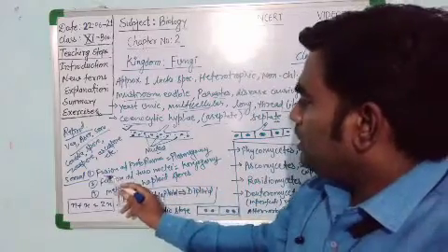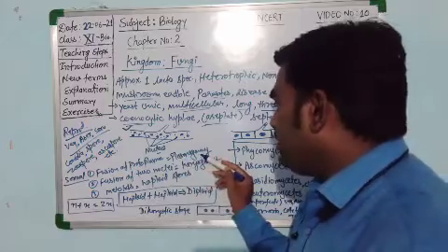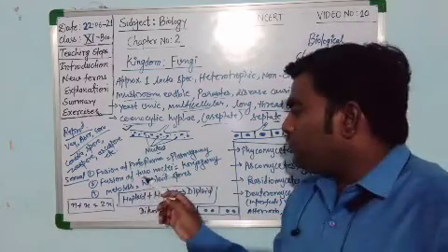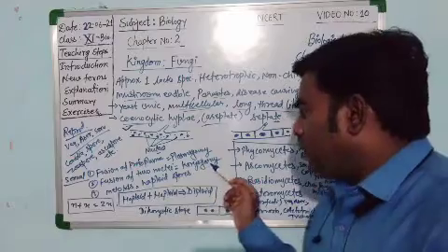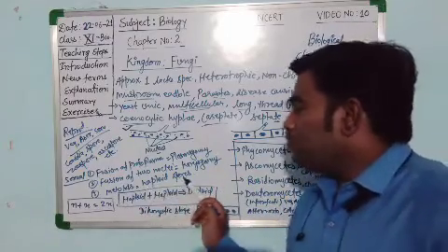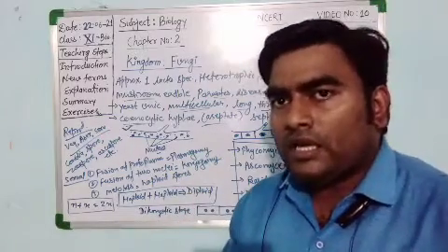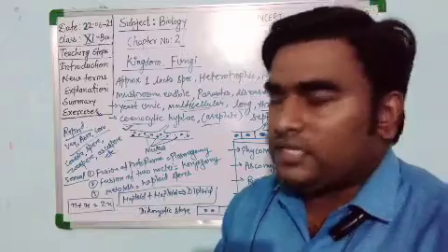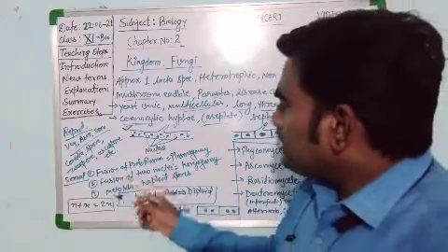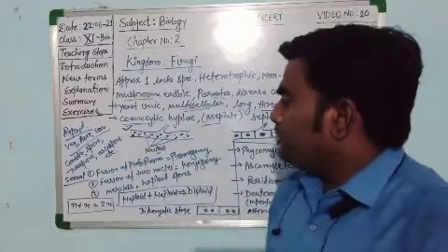First, the fusion of protoplasm occurs, known as plasmogamy. Then the fusion of two nuclei, known as karyogamy. And then meiosis. Haploid spores are formed, and these further fuse to form a diploid zygote. These three steps are involved in the sexual mode of reproduction in fungi.